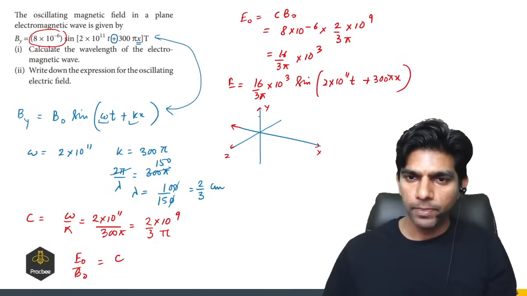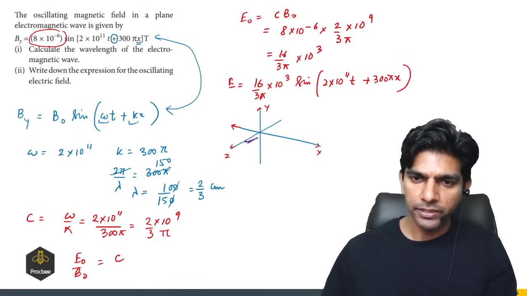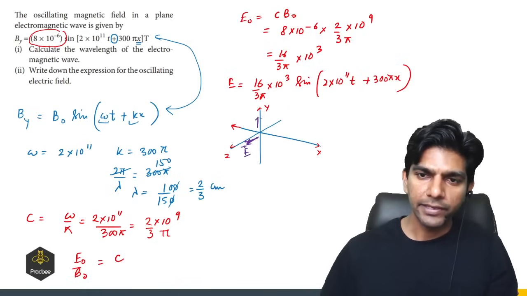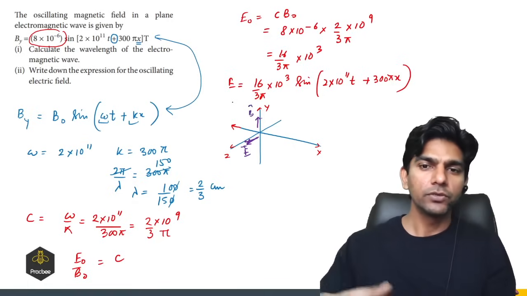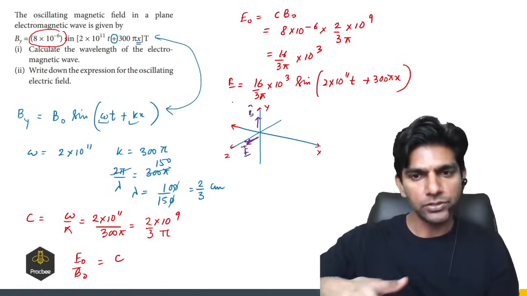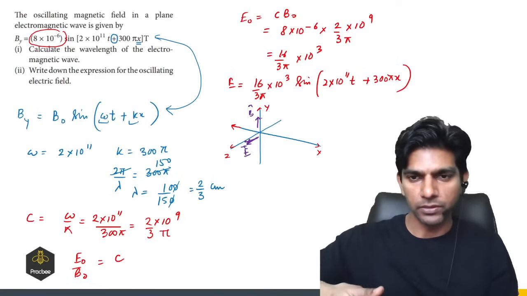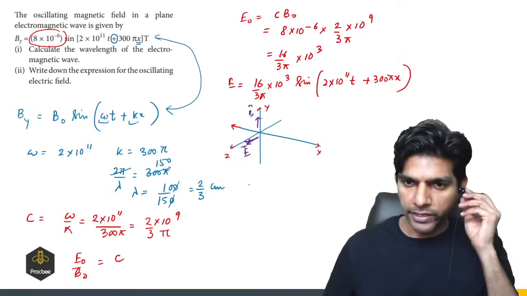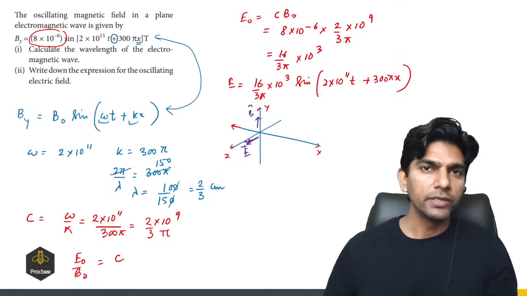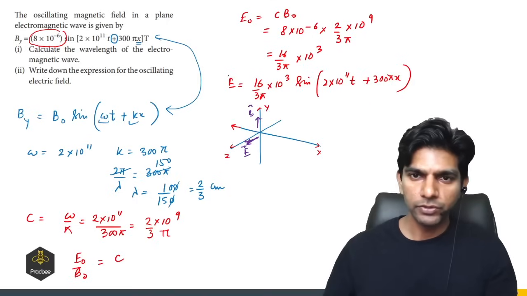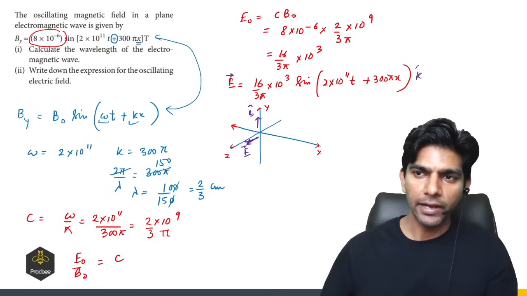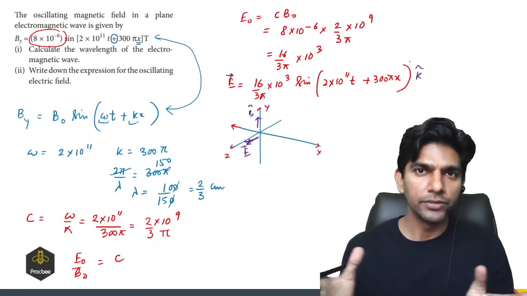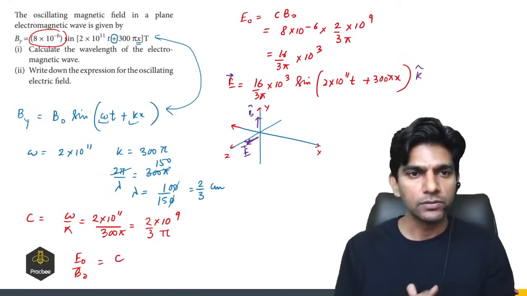If electric field is in the z direction, then magnetic field has to be in the y direction, because E cross B will give us the direction of propagation. So we can say electric field will be in the positive z direction. I can show it in vector form by adding a k cap vector with the magnitude. So I hope this question is clear to you.